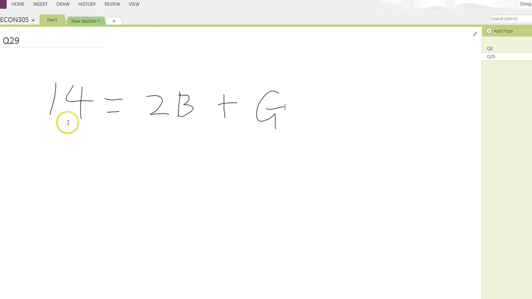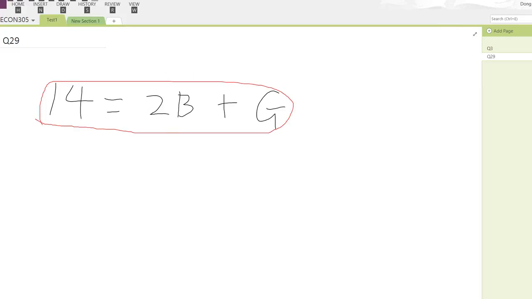So the isoquant is simply this equation here, and because this is a linear function, graphically this is a straight line. To draw the straight line, we just need to pin down 2 points on the line.